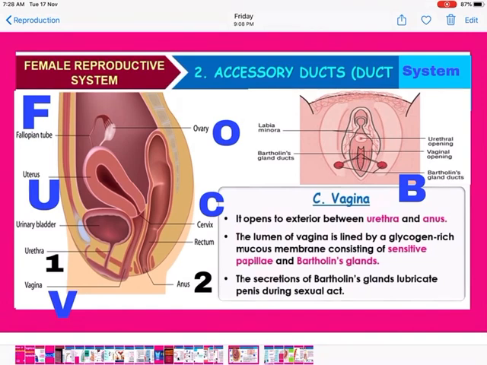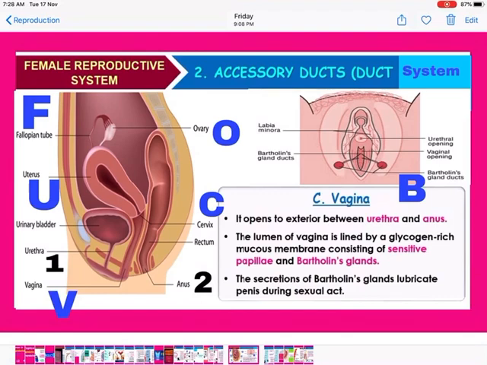Come to vagina. Vagina opens to exterior between urethra and anus. See the diagram. Urethra is the opening of urinary bladder. Anus is the opening of digestive system, 1 and 2, and between the two is present the opening of reproductive system called vagina.